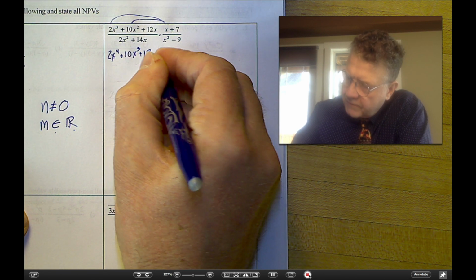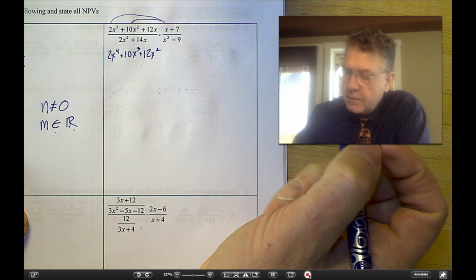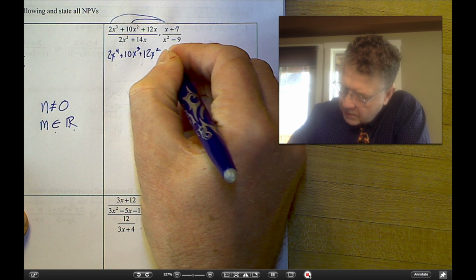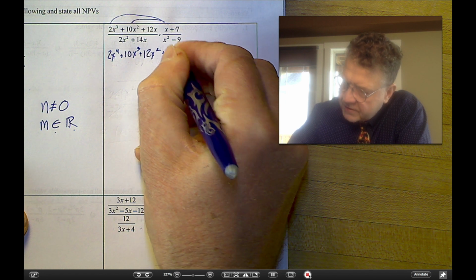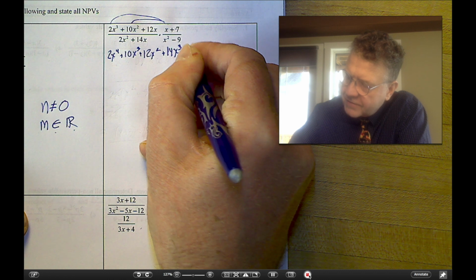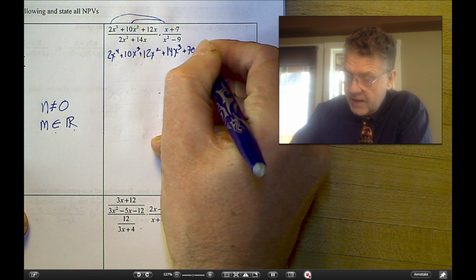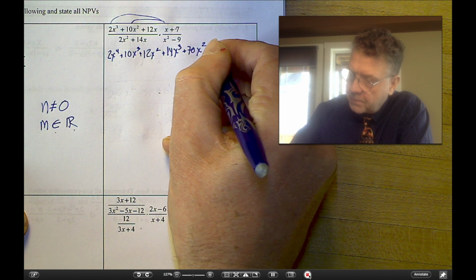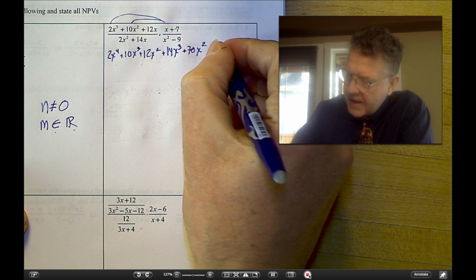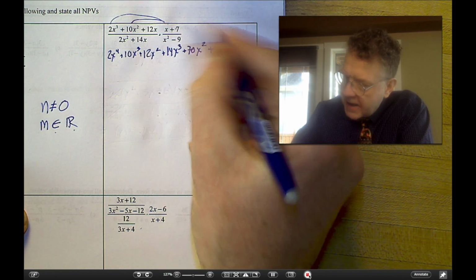Plus 12x squared. Now I'll distribute the 7 across. Plus 14x cubed plus 70x squared plus 7 times 12, 84x. All right?